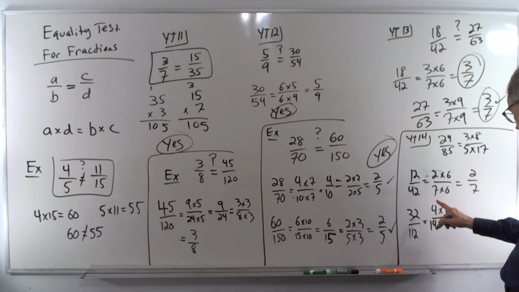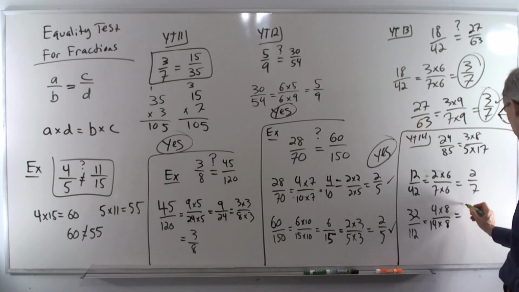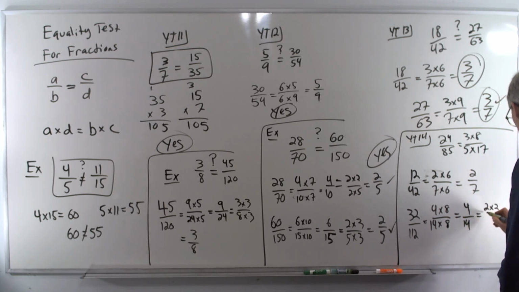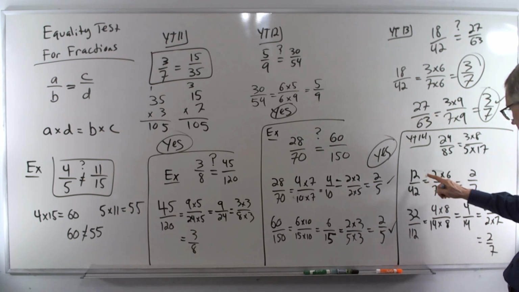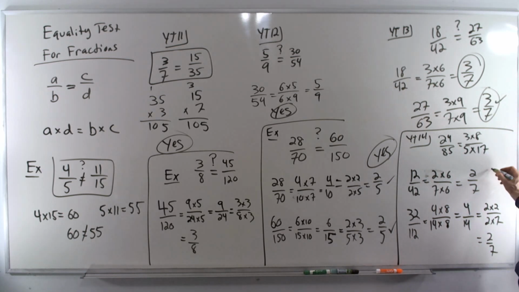All right, so the 8's cancel, gives us 4 over 14. Break that up into 2 times 2 and 2 times 7. The 2's cancel, and we get 2/7. So these 2 fractions are equal to each other, and our answer is 12 over 42 equals 32 over 112.